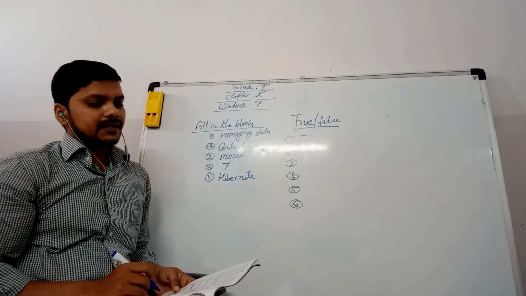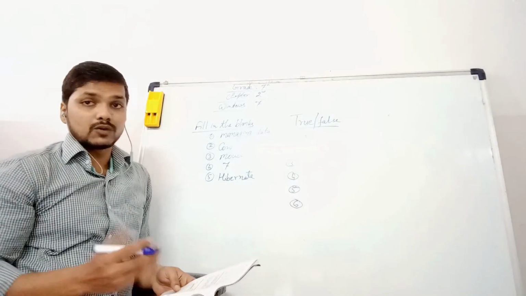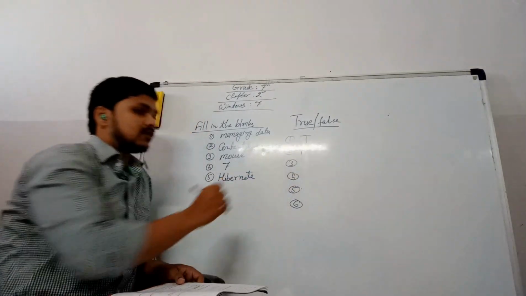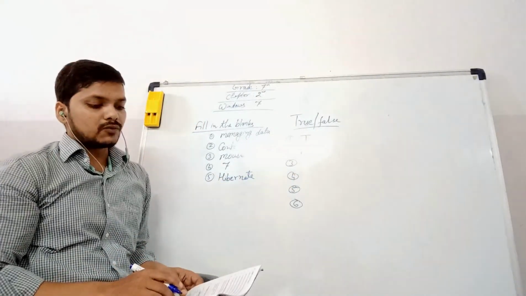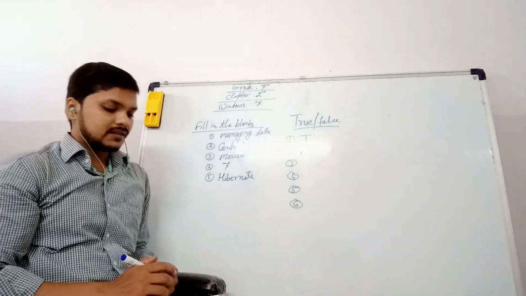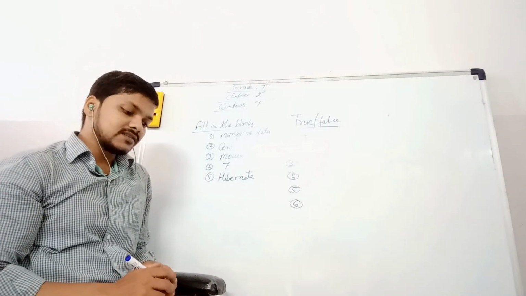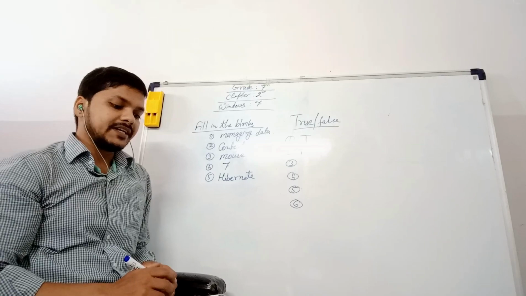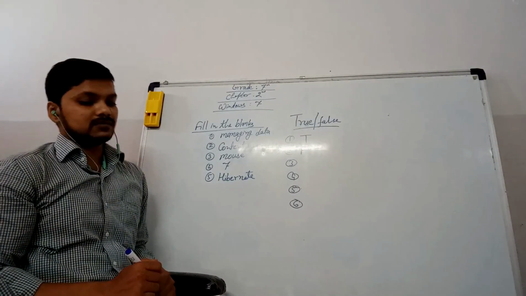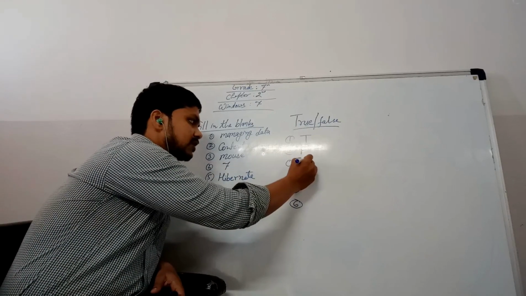Second is data once stored in a file cannot be changed. No, it is false. All data can be changed from one folder to another folder, or we can save anywhere when we want. Now third, the sticky keys feature automatically deactivates itself if two keys are pressed together. Yes, it is true. What are sticky keys?